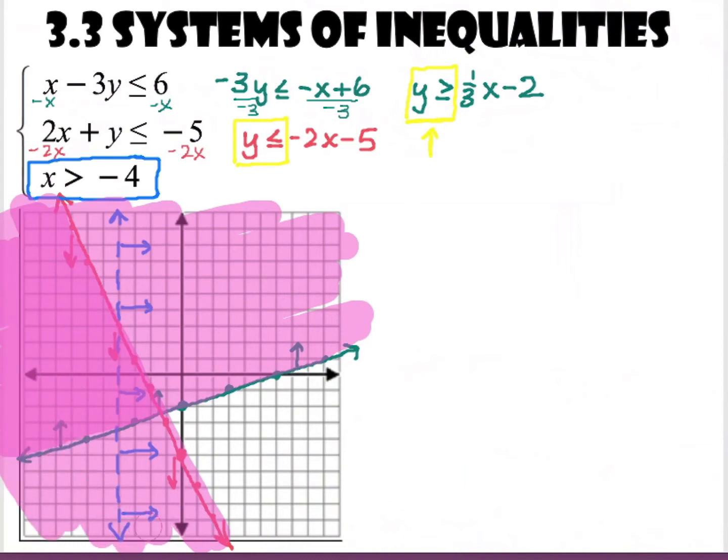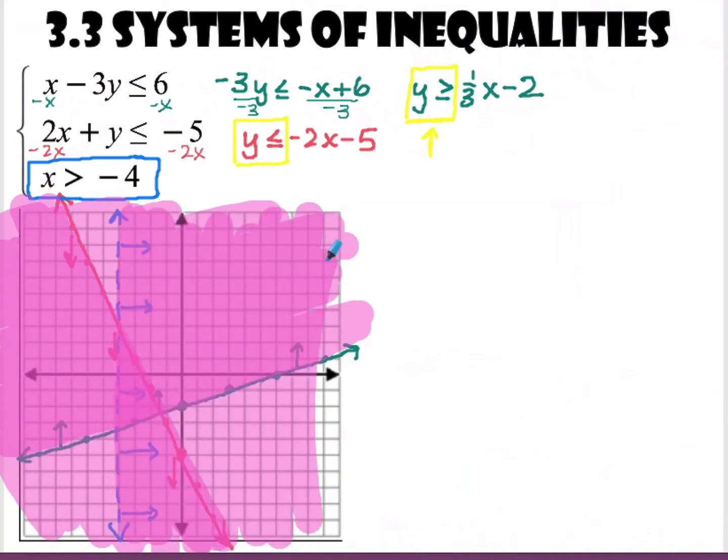And then for that vertical line, we would have shaded everything to the right of that line. Now this would be messy if you tried to do all of this shading, but can you tell me what area of the graph got shaded all 3 times? And hopefully you're seeing that it's this little triangle's worth of area that got shaded all 3 times.